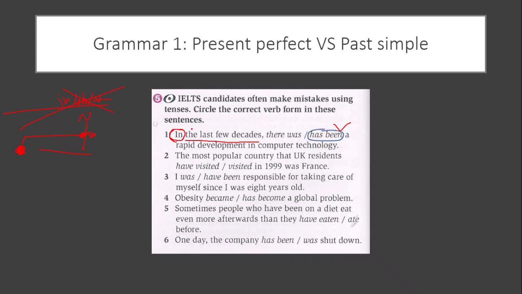Now we can compare it with number 2. In 1999, it's very clear. In 1999, and today we are in 2021, so obviously it finished in the past. That's why we can use simple past.